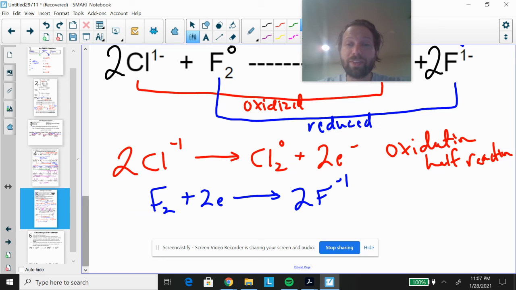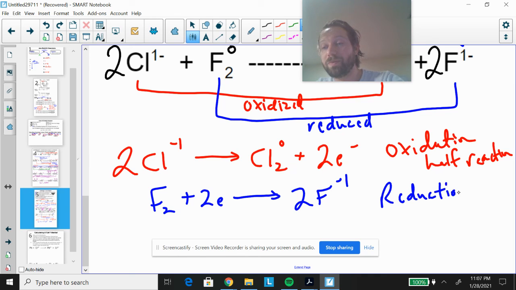Now, the nice part about this is that the next step is really easy. Both of them have 2 electrons. So I don't need to multiply the whole reaction of either of these by a multiple. This is, by the way, the reduction half reaction.